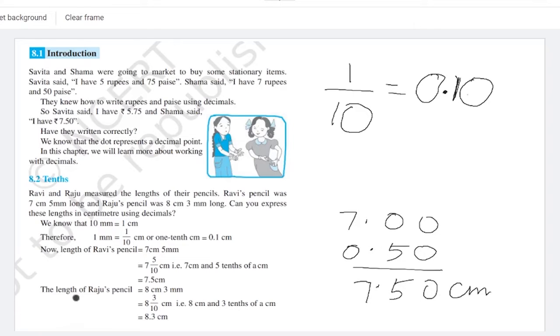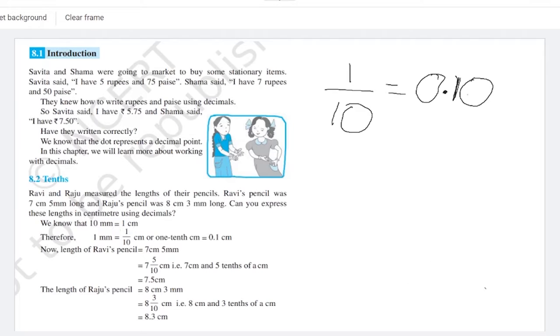The next length is 8 centimeters, 3 millimeters long. So see, the length of Raju's pencil is 8 centimeters, 3 millimeters long. So it is 8 3/10 centimeters. 3/10 centimeters means 3/10 of a centimeter. That is equal to 0.3.